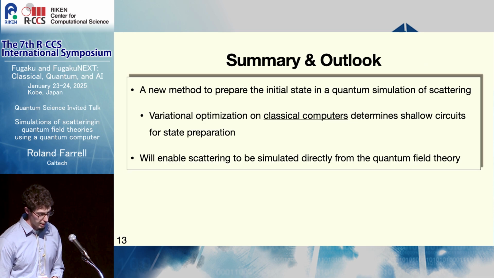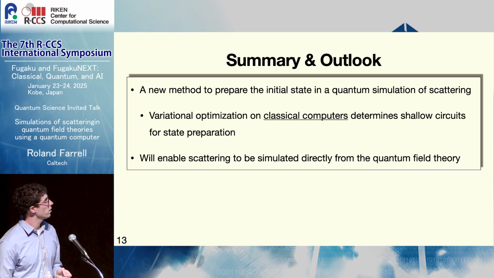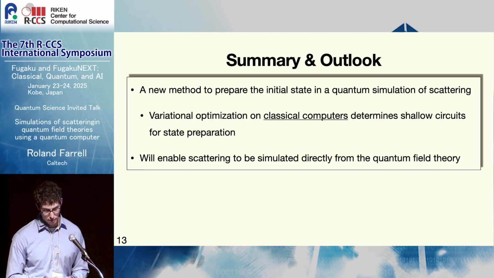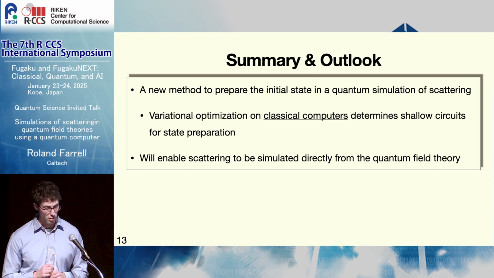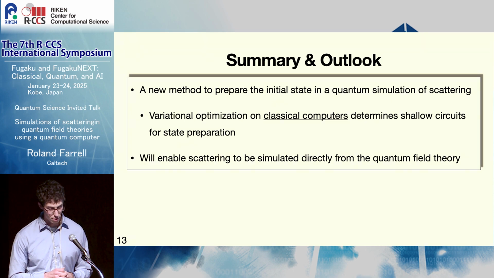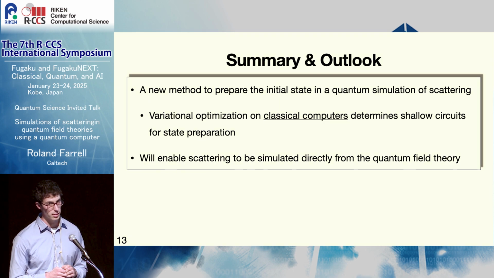So with that, I would like to summarize the talk and provide a brief outlook. I presented a new method for preparing the initial state in a quantum simulation of scattering. The key thing is to have a variational optimization that's run on classical computers. This is really nice because it determines shallow state preparation circuits that can then be executed on the quantum computer.